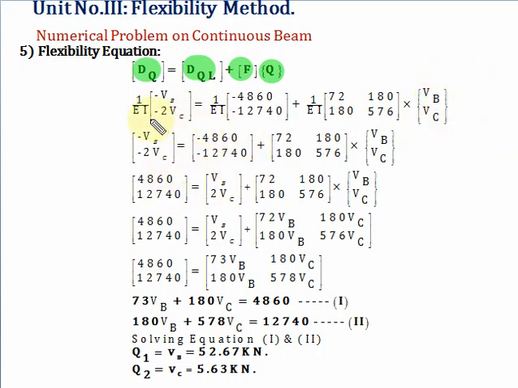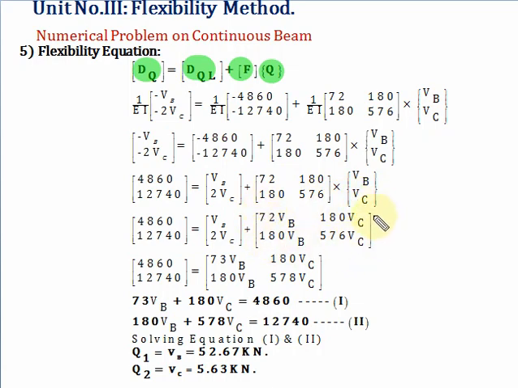We cancel the value of EI because it is constant throughout the beam. Here we take the VB term on this side and the 4860 and 12740 on the left hand side. As it is minus, when it goes to the other side of the bracket, it becomes plus. First we solve this matrix: 72 into VB, 180 into VC, 180 into VB and 576 into VC.